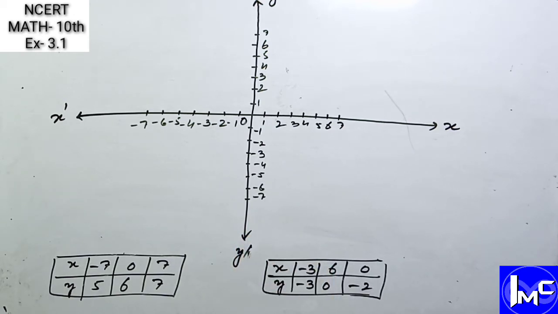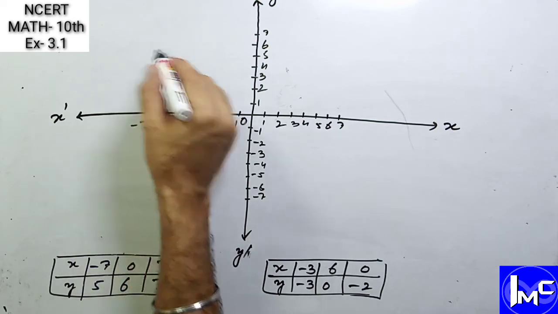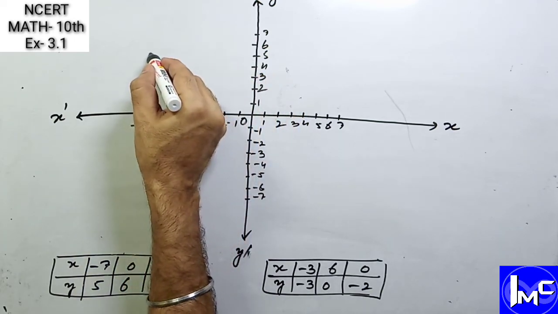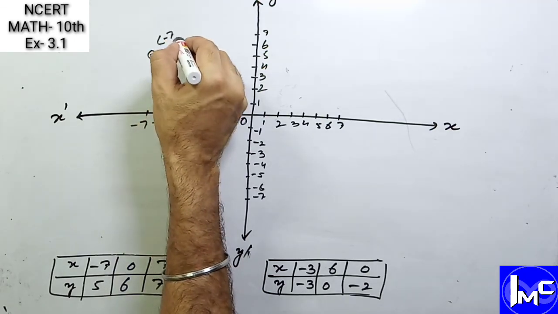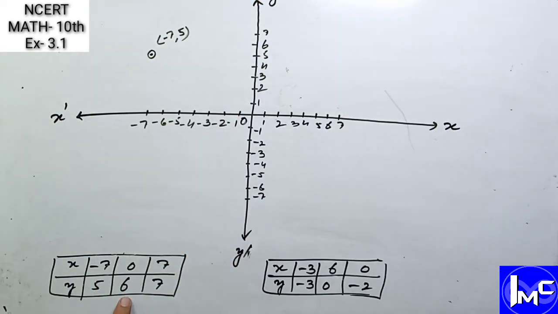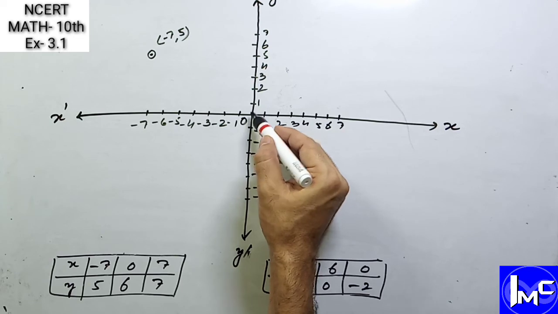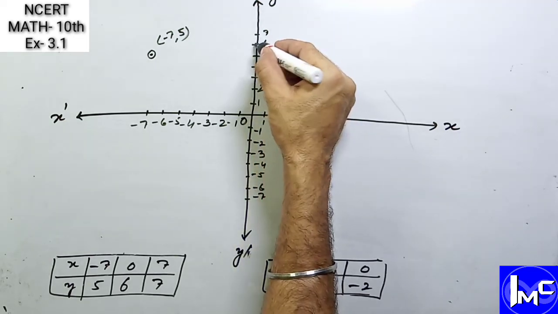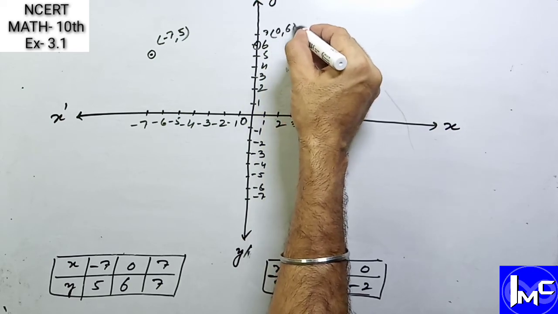And the first point of the first equation is minus 7, 5. X will be minus 7 and y will be 5. That will be on this place. This is minus 7 and plus 5. Next point is 0 and 6. 0 means x is here and 6 is here. That is called 0 comma 6.